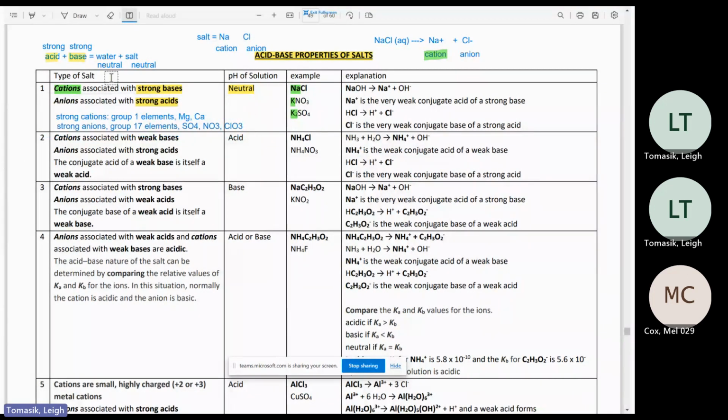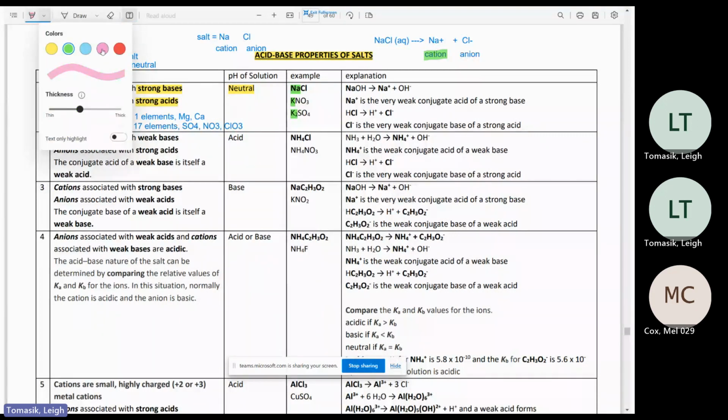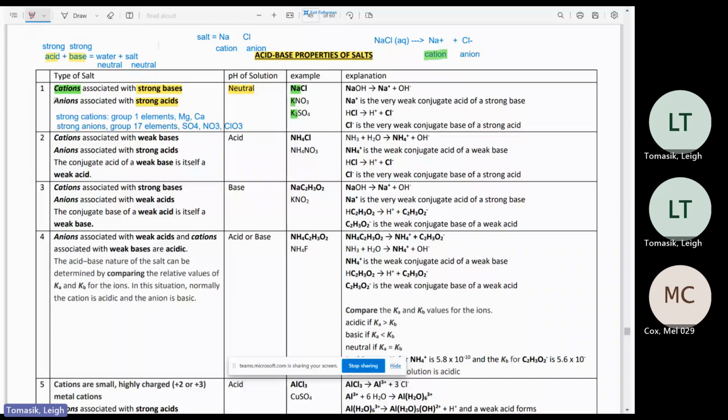Okay, so right, you can see our anions, they come from strong acids. So the ending of strong acids are our group 17 elements or halogens. So we have chlorine, bromine, or iodine. Okay, and we have SO4 from H2SO4, and we have NO3 from HNO3, and we have ClO3 from HClO3, right?